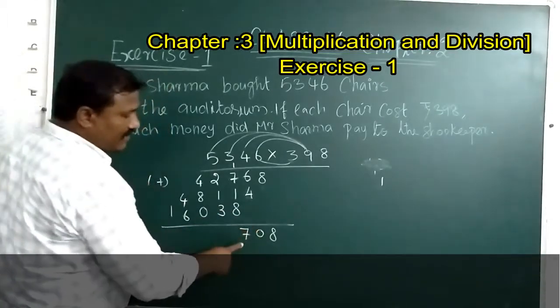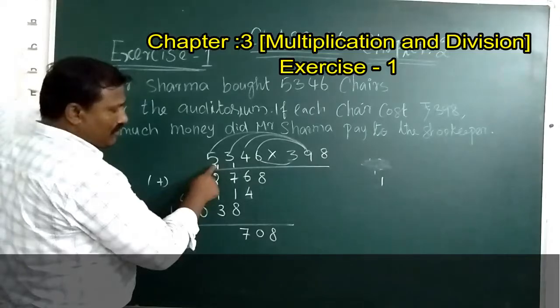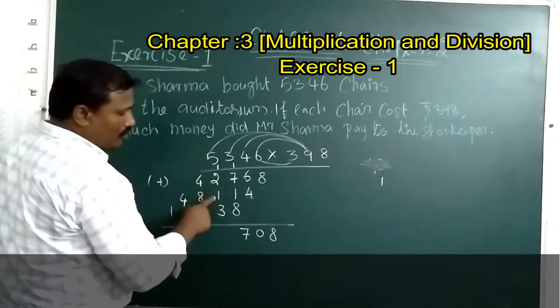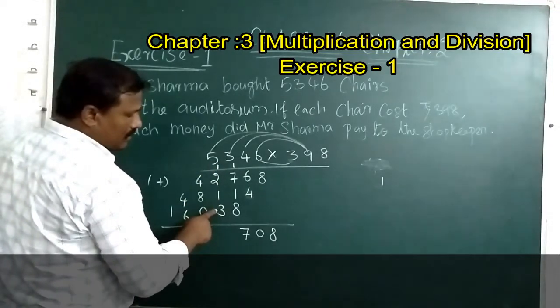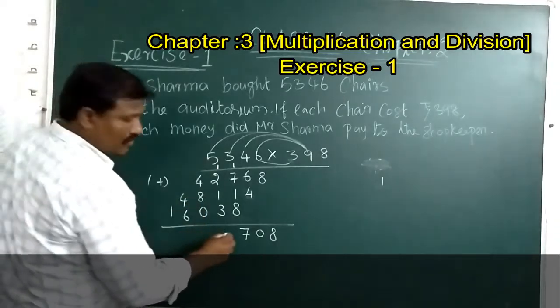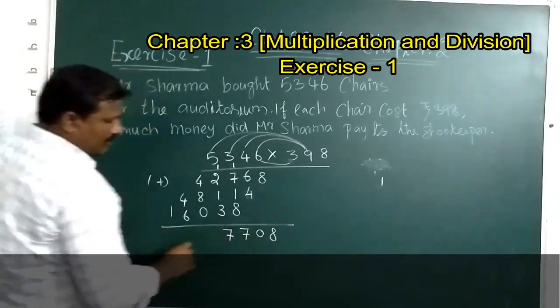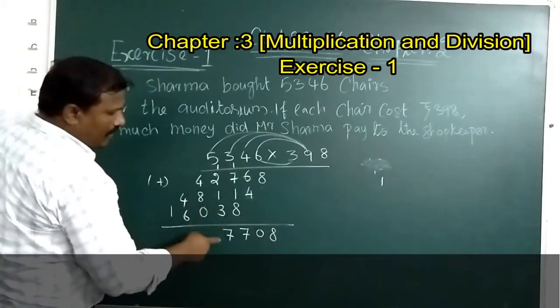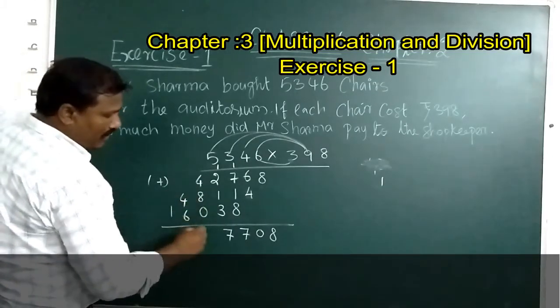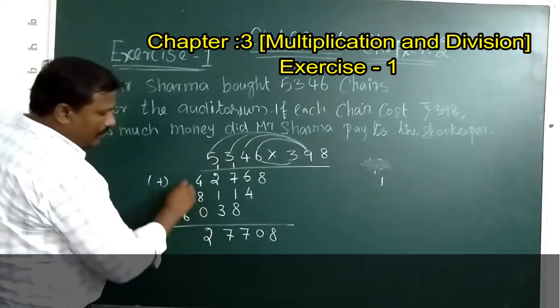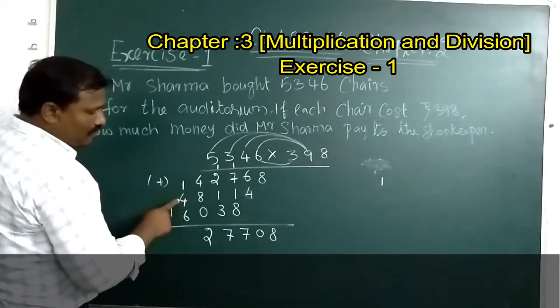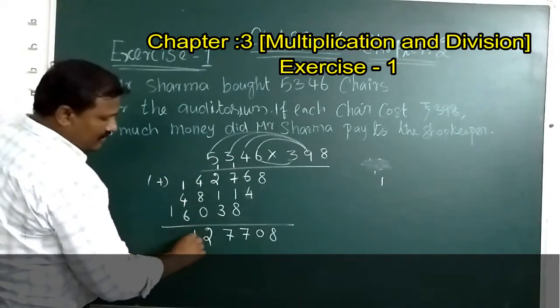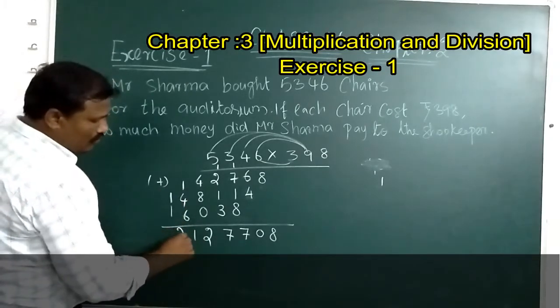So 7, remainder 1. 2 plus 1 is 3, 3 plus 1 is 4, 4 plus 3 is 7. So 3 6 7. Now 4 plus 8 is 12, then remainder 1. 6 plus 4 is 10, 10 plus 1 is 11, then remainder 1, here 2.